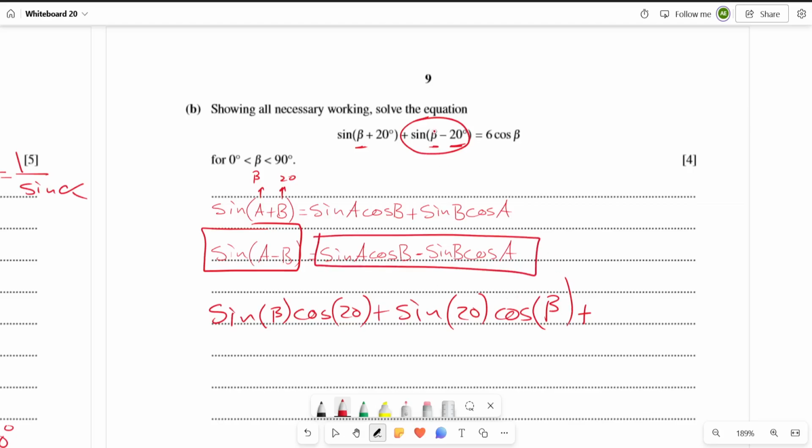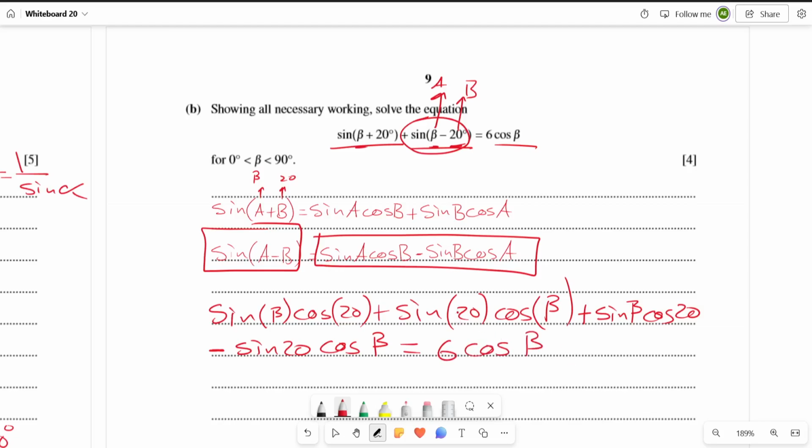So again, the beta is the A, and the 20 is the B. So now sine A, so sine beta, cosine B, which is 20, and then I will do a minus sine B, which is the 20 degrees, times cosine A, which is the beta. So now I change this term and this term using the identities, and they all equal 6 cosine B.